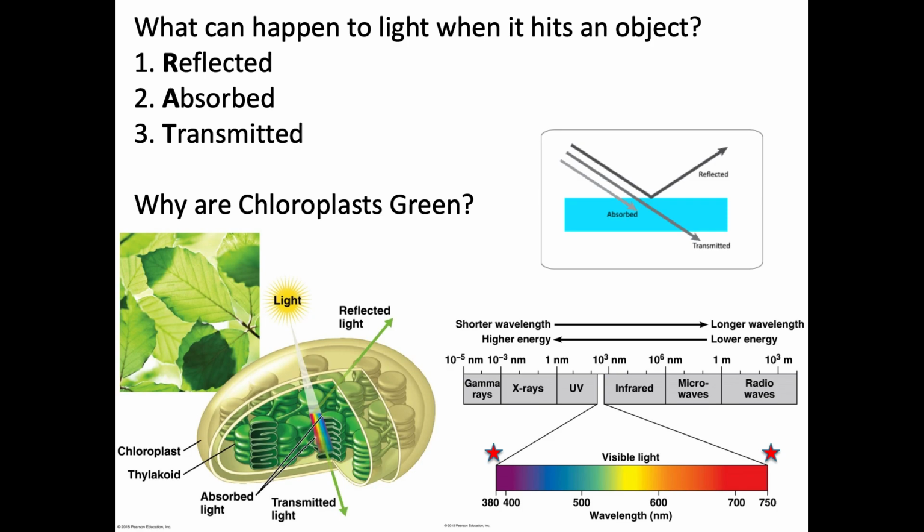Whereas if you wear a white shirt, what's going to happen to all that light energy? It's going to be reflected, and it doesn't turn into heat, so you'll feel less hot or even cooler.